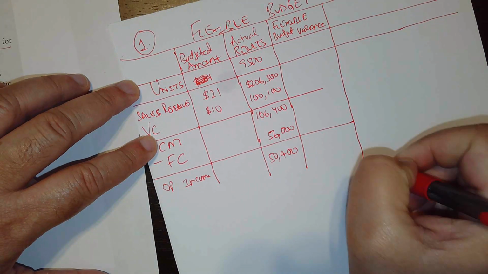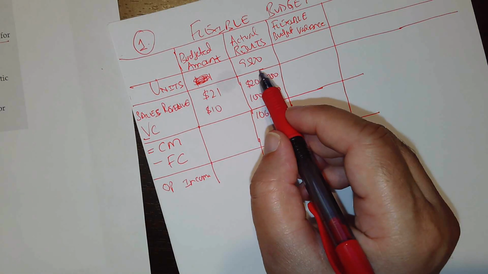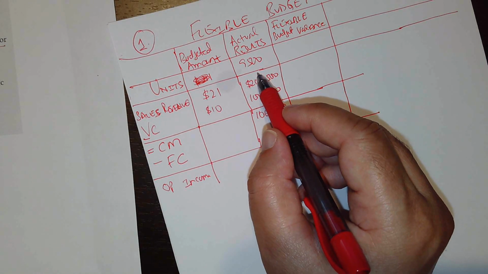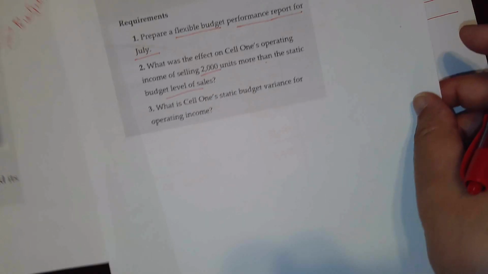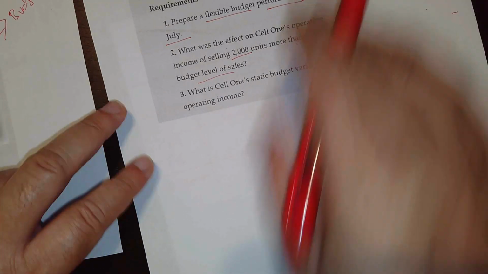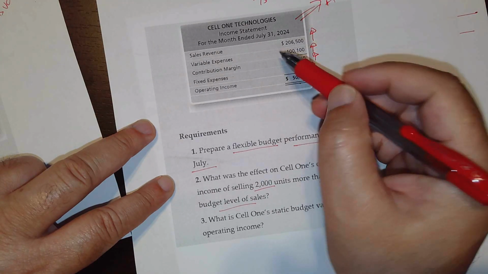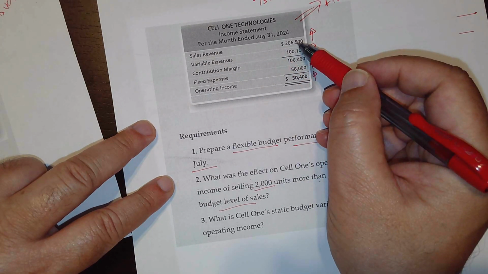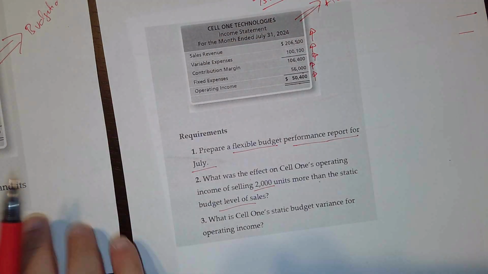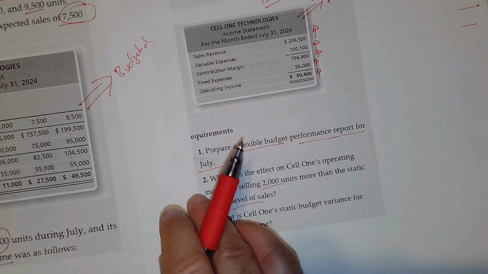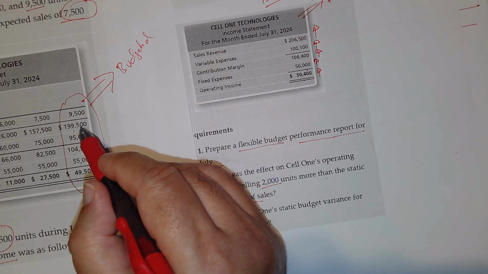The flexible budget variance that we're going to calculate is based on the difference between the actual results for 9,500 units and the budgeted amount that we have here for 9,500 units.